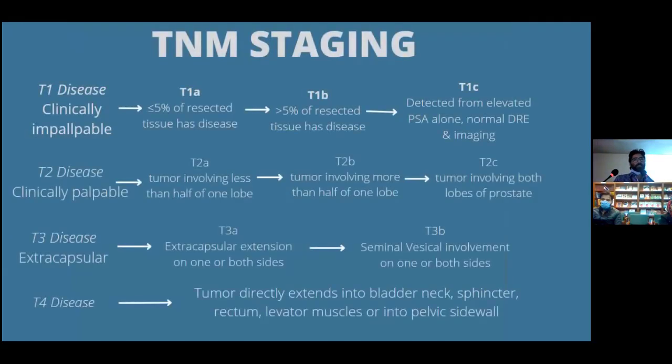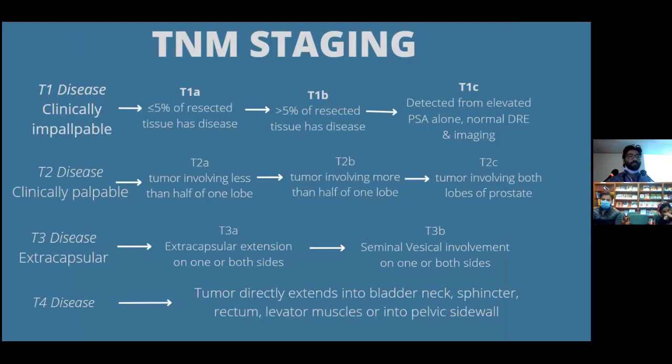The TNM staging of prostate is very easy. The T1 disease, if you cannot feel the cancer on DRE, it's a T1 disease. If you can feel the cancer on DRE, it's a T2 disease. T1 disease, you cannot feel on DRE, then you have come to know about this cancer on the resected tissue that you have done after transurethral resection.